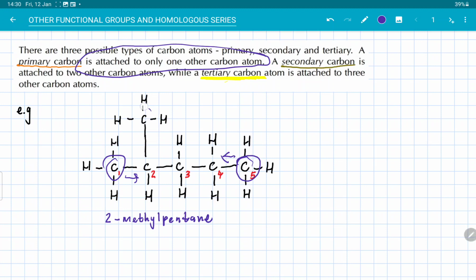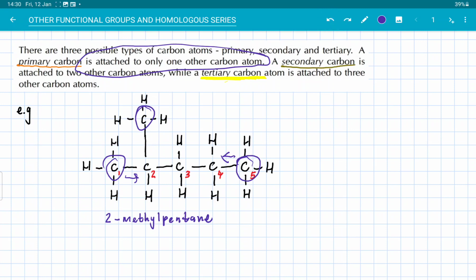And then this carbon, we may call it a primary carbon. Why? Because it is only attached to carbon 2. The reason I did not number it is because it's not part of the main continuous chain. However, technically speaking, it is a primary carbon atom. So we have 3 primary carbon atoms here.